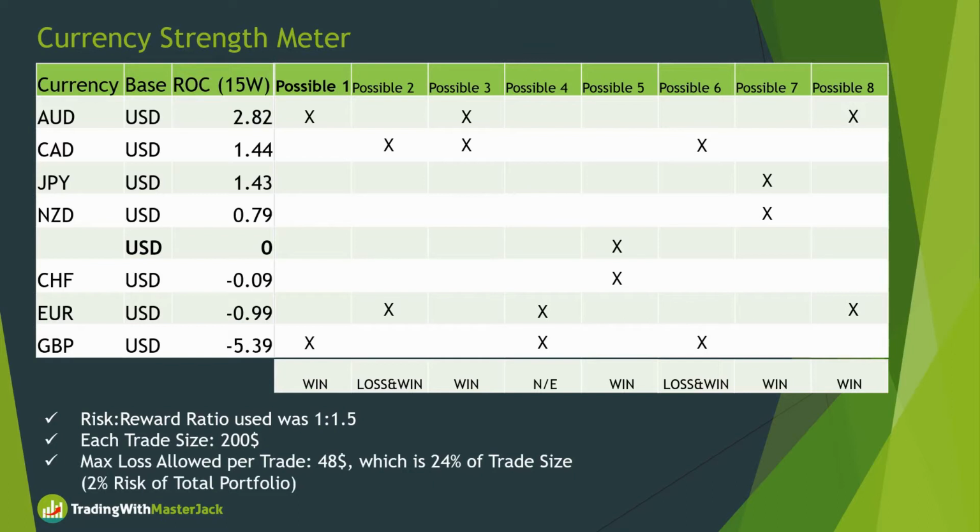And if you're not sure on how to calculate these or where I got these percentages, you must watch my what is a trading plan part 2, where we deal with entry and exit positions. And there we go into detail as to how to manage your risk. There is various ways, and I use 2% of my total portfolio that I normally risk on a trade. And of course this is based off my trading plan.